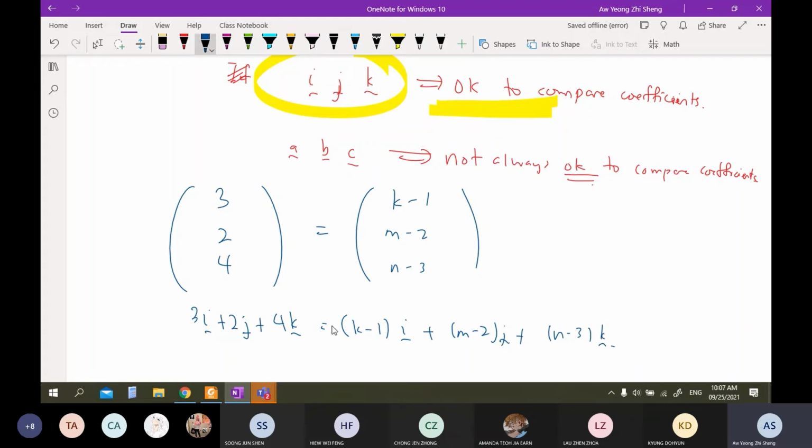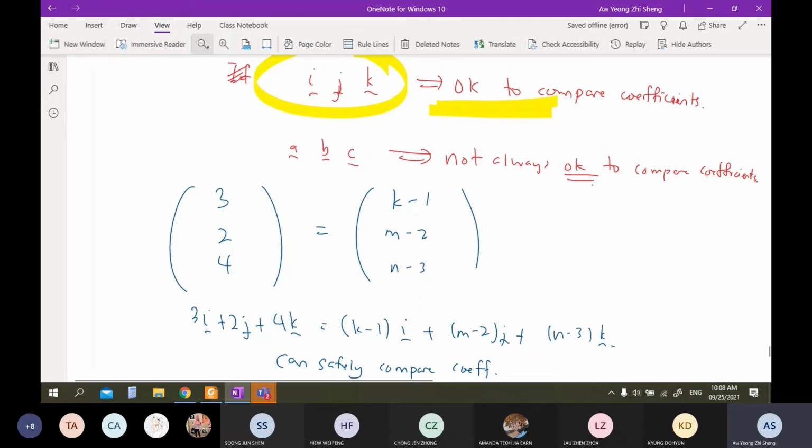And so if the three vectors involved in the same equation are i, j, k, you can safely compare coefficients. If the three vectors involved are not i, j, k but just some random three vectors, then it's not always okay to compare coefficients. Just be aware of that.